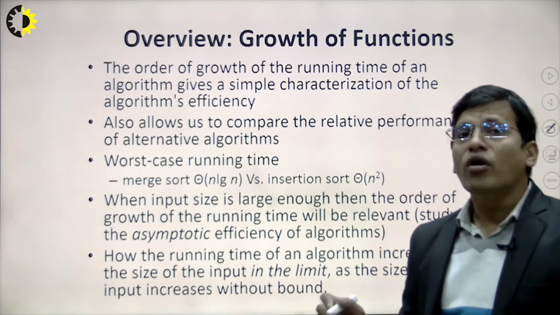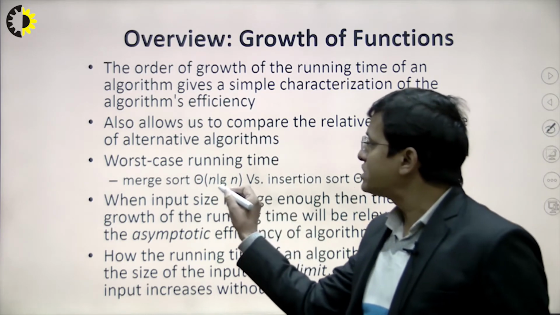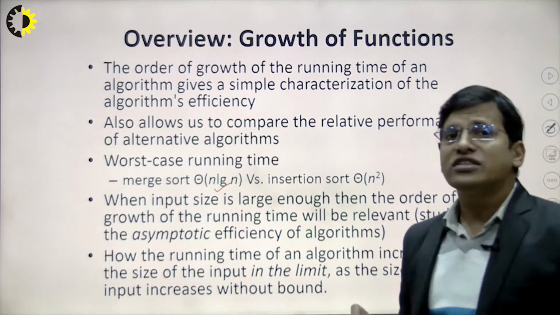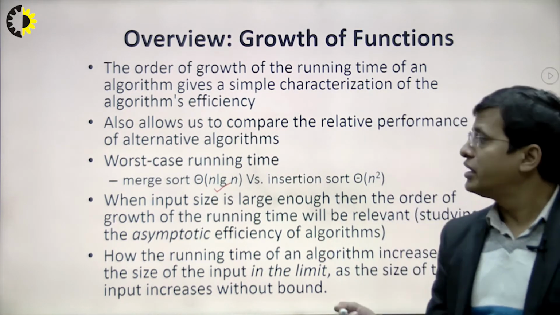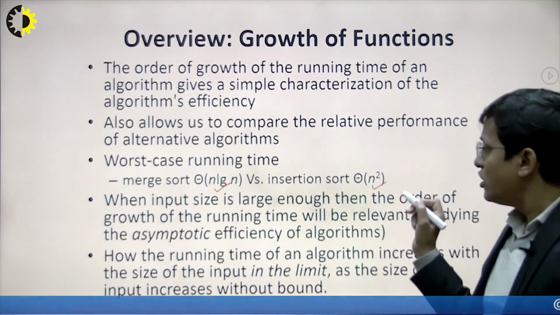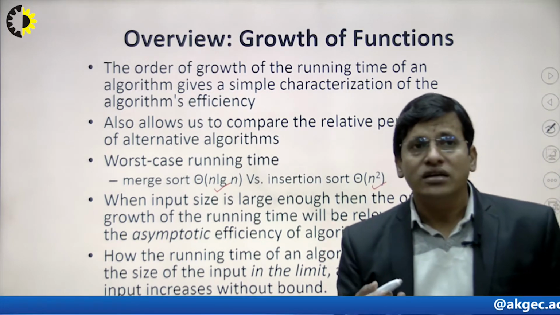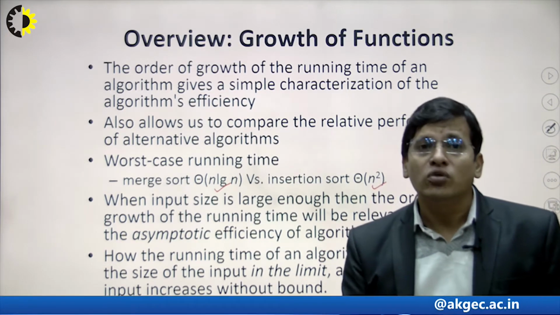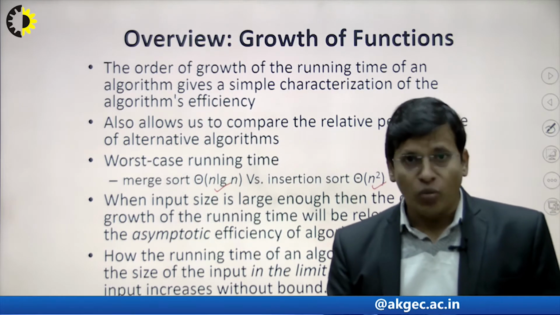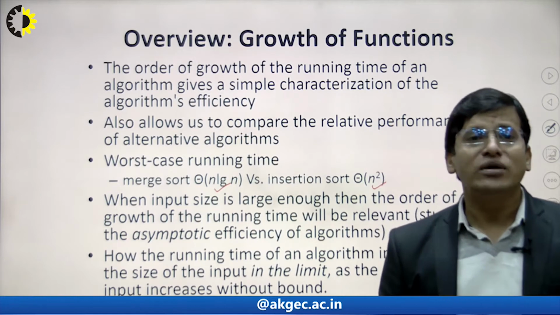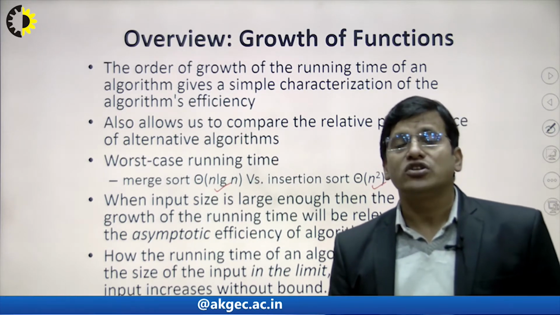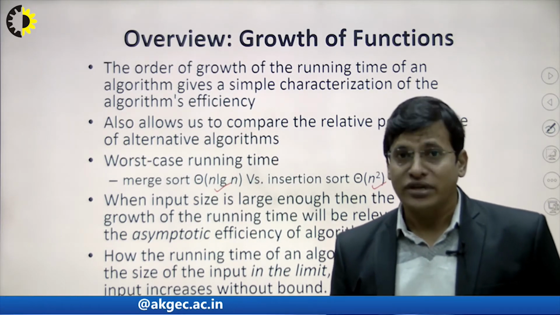We have already seen that merge sort takes n log n time, and similarly the running time of insertion sort is n square. So the order of the function is also used for comparing the complexity of algorithms. Merge sort takes n log n time, but insertion sort takes n square time.